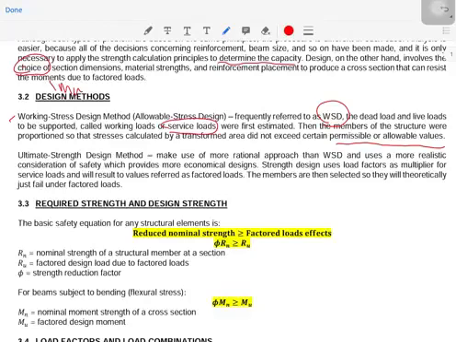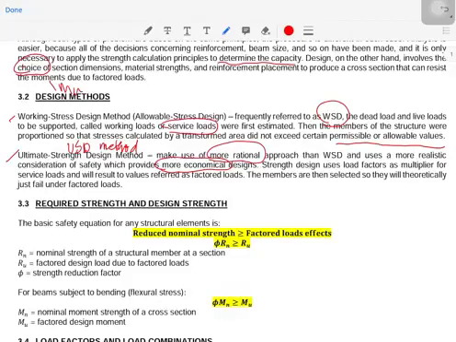Now in chapter 3 we will focus more on the ultimate strength design method, or USD, which makes use of a more rational approach than WSD. It uses a more realistic consideration of safety, which is more economical.